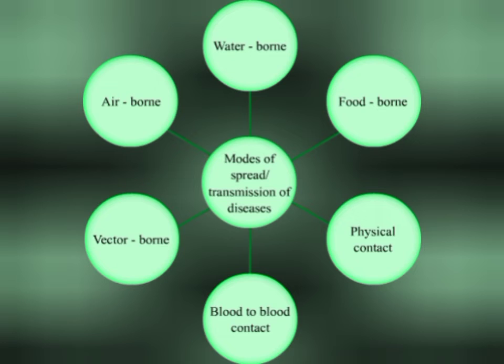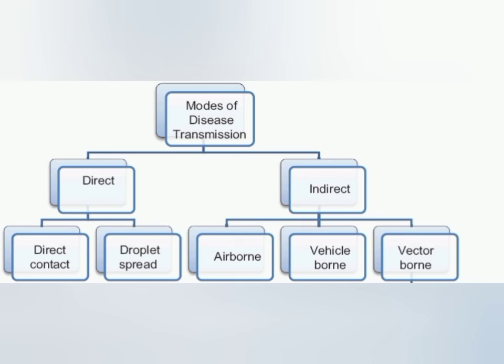Vector-borne, for example malaria. It was already discussed in class that the Plasmodium protozoa is carried by the Anopheles mosquito and causes the disease malaria. And influenza, mumps, polio: these viruses can be transmitted from one person to another through air. So these are the modes of transmission.